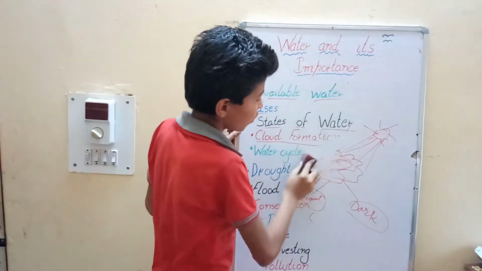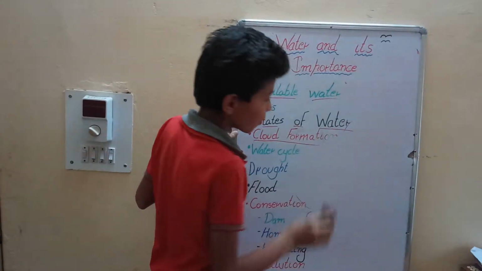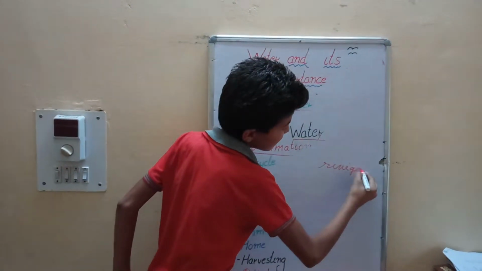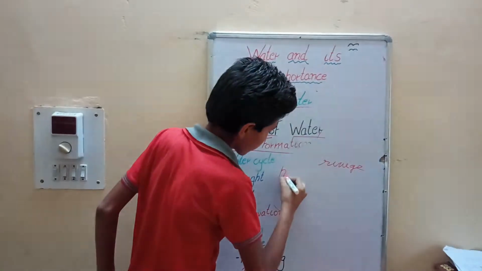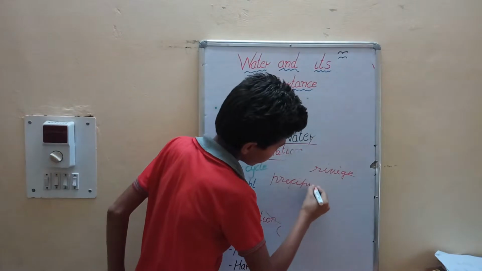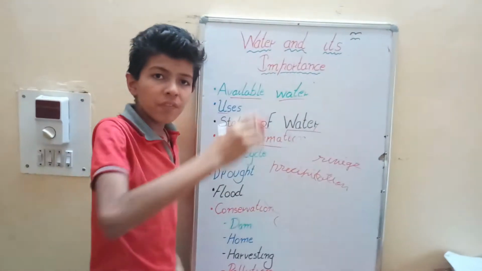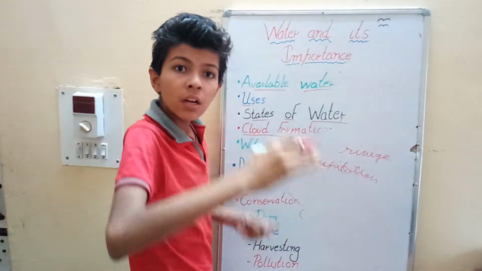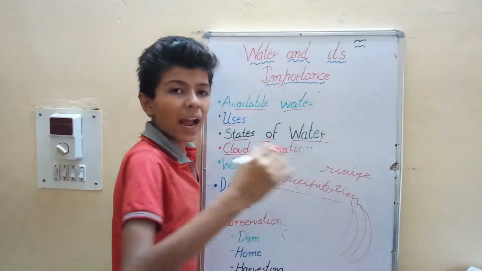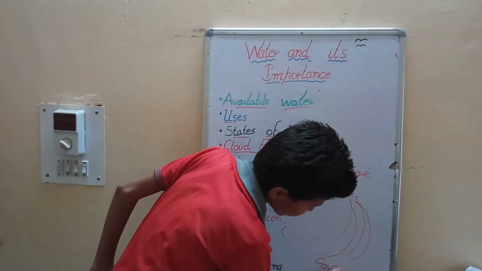Now this cloud will move and become heavier and heavier until it rains. This raining is called precipitation. Now this rain water is collected in some drains, and this process of collecting is called collection.